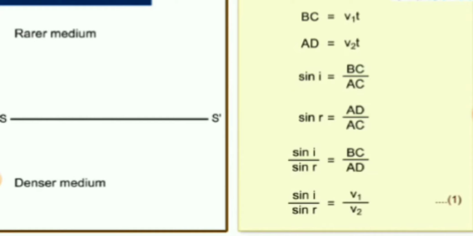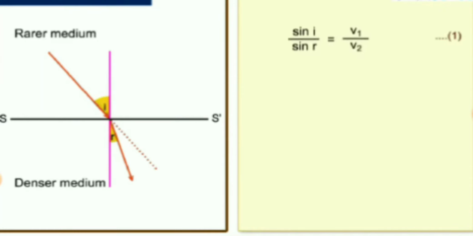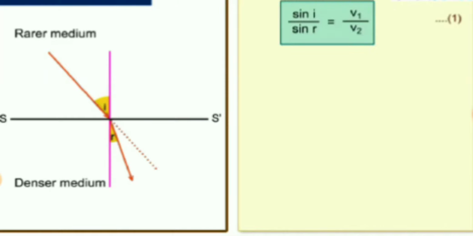We know that if light travels from a rarer medium to a denser medium, it bends towards the normal, and hence the angle of refraction r is less than the angle of incidence i. From equation 1, we can conclude that if r is less than i, then v2 must be less than v1.